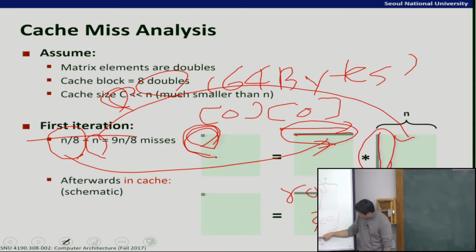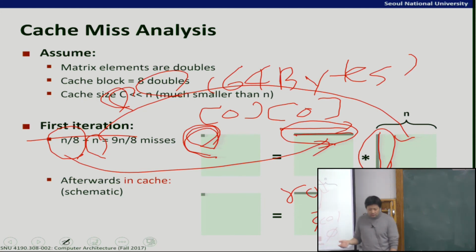When you have a cache miss here, it reads 8 doubles. Then you move on to the next row and again read 8 doubles. After you execute them all, you have this red box in the cache. But these are pretty much wasted, because you only use the first element in this box, and the remaining 7 elements are wasted.